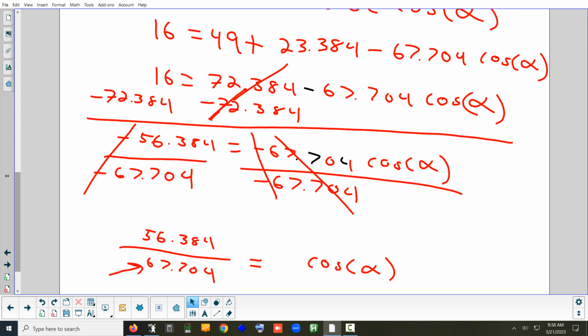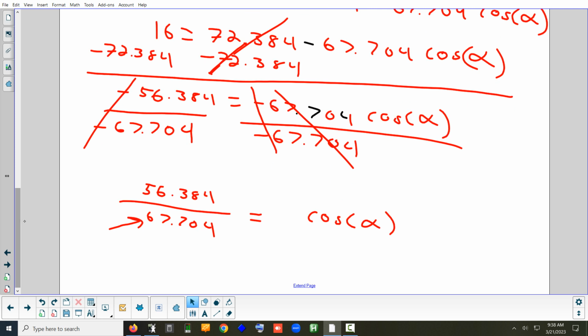Because I want to get rid of cosine now. How do we get rid of cosine? We're going to take the inverse cosine. It doesn't matter whether it's sine or cosine: the number that you fill in has to be between two values. When you take inverse sine or cosine, you can only do it if the number is between what? Yep, 1 and negative 1.